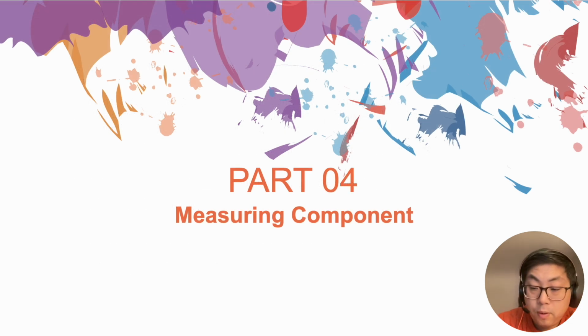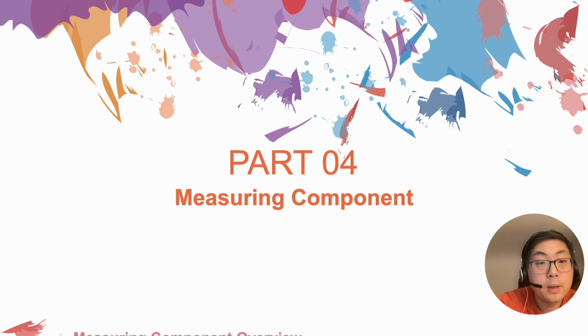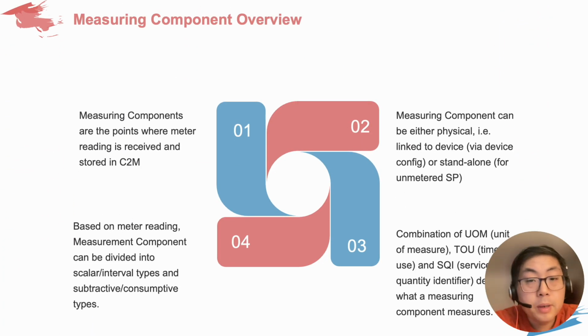Okay, part 4 is measuring components. So measuring components, we can think about it as a register. As we said, each device config can have multiple registers based on the time of use.